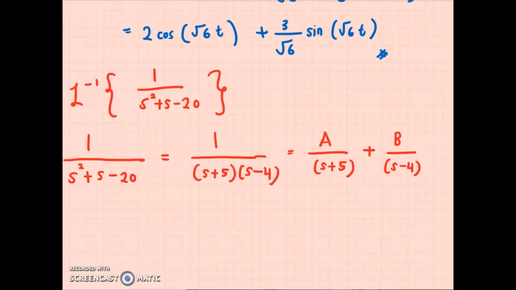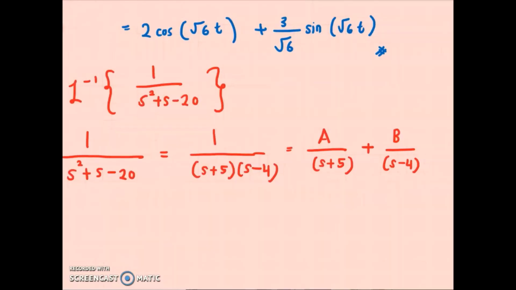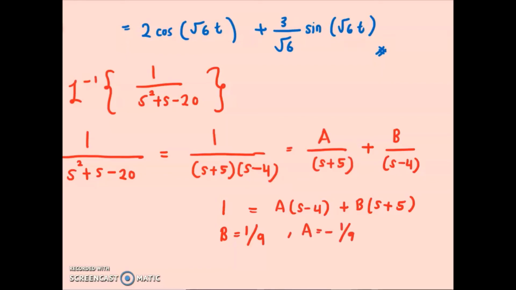Simplifying, 1 equals A(s minus 4) plus B(s plus 5), so we find A and B. If we take s equals 4, I have B equals 1 over 9. If I take s equals minus 5, I have A equals negative 1 over 9.